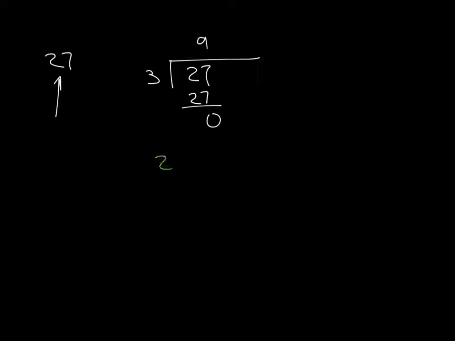Now what if I did 27 and I did 2? 2 goes into 2 once. Bring down the 7. 2 goes into 7 3 times. 3 times 2 is 6, and I have 1 left over. So that tells me that 2 does not go evenly into 27, or is not a factor of 27, because we have a remainder.